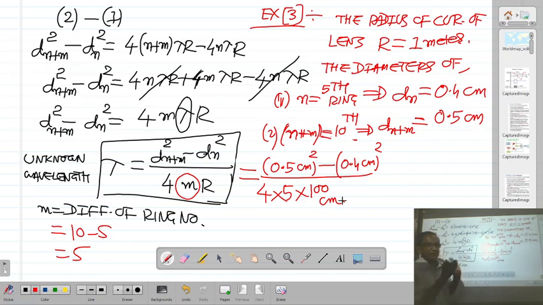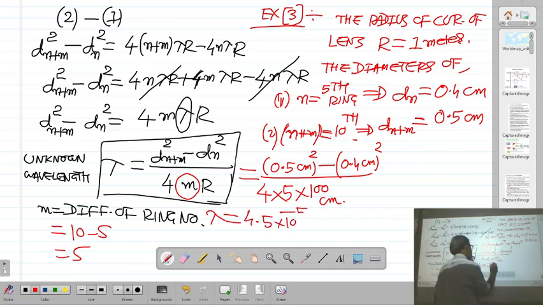The difference of the order of the two dark rings is 10 minus 5, that is 5, and the radius of curvature of the lens is 1 meter, that is 100 centimeter. So you will get the wavelength of light as 4.5 times 10 to the minus 5 centimeter, that comes to 4500 angstrom.